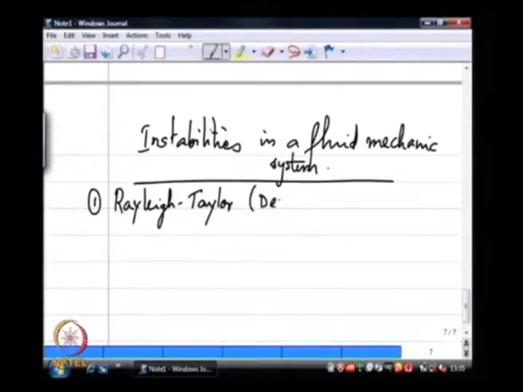This is essentially due to adverse density stratification.